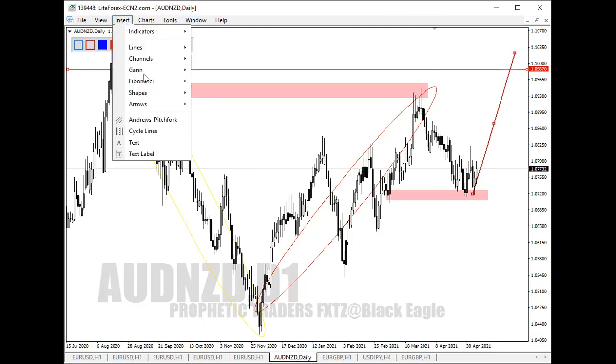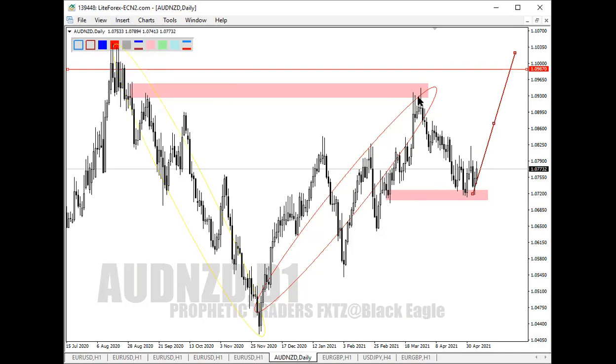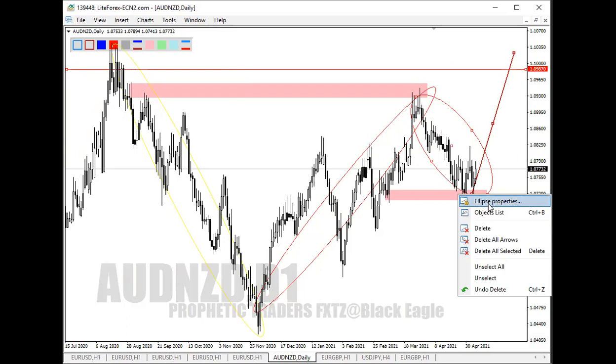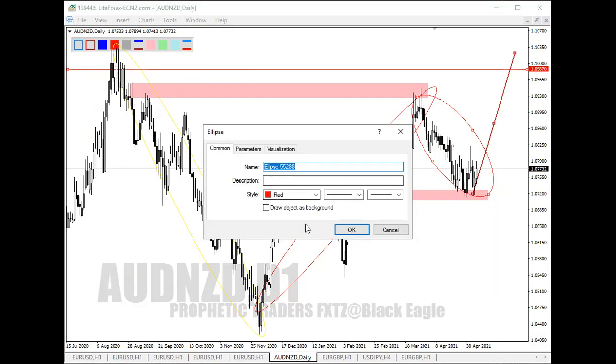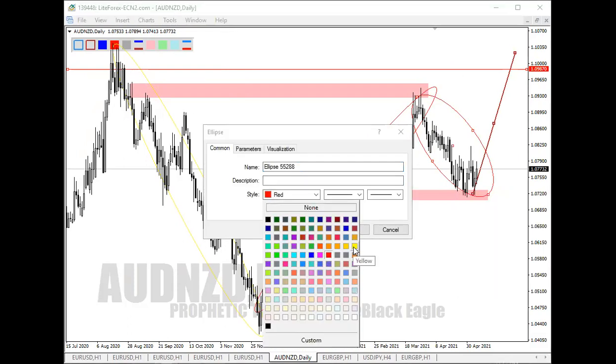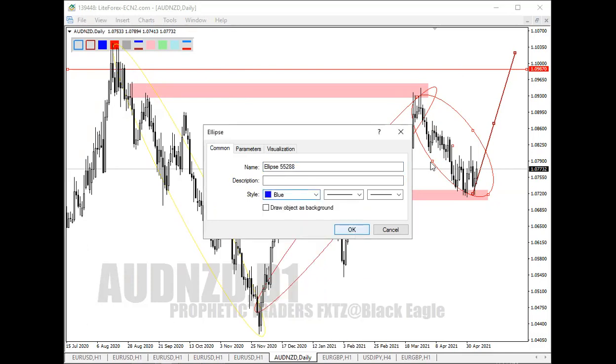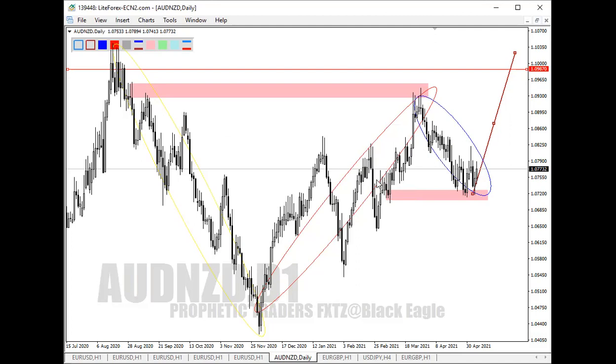Let me make it clear. This one, let me change color, is a minor trend. How do I call the minor trend? The minor trend is a retracement. There are a lot of them here.